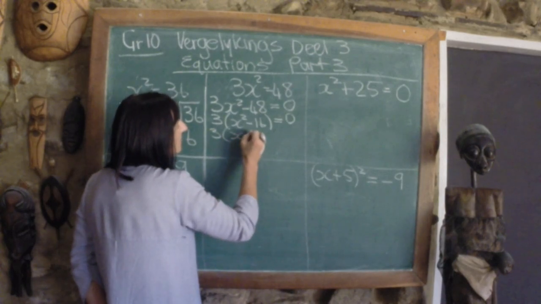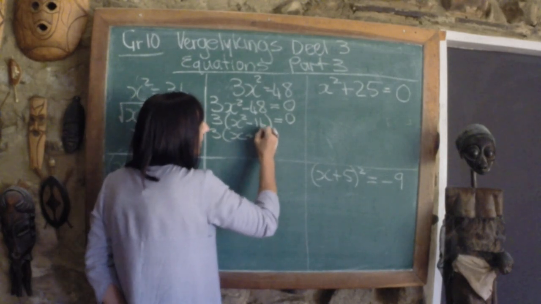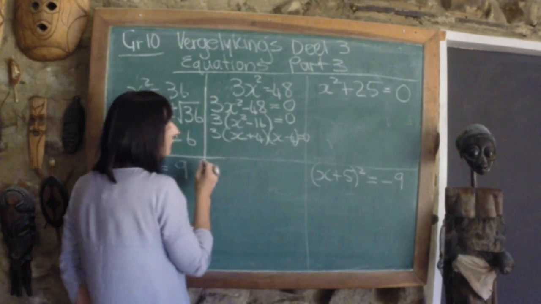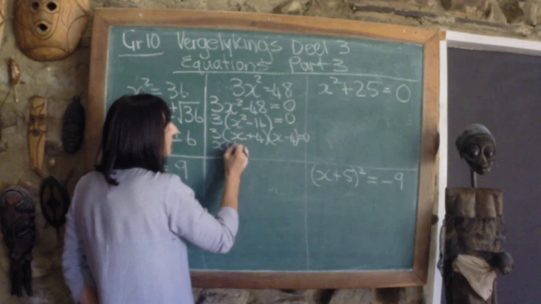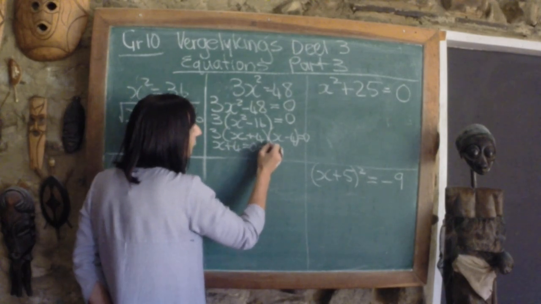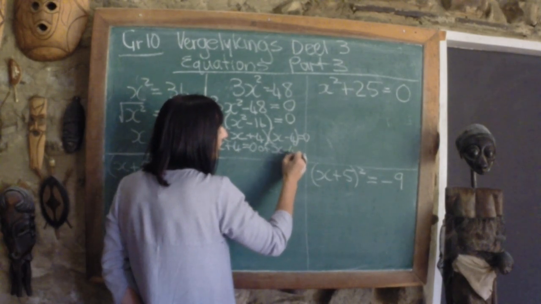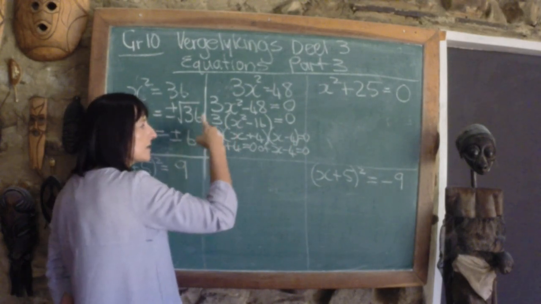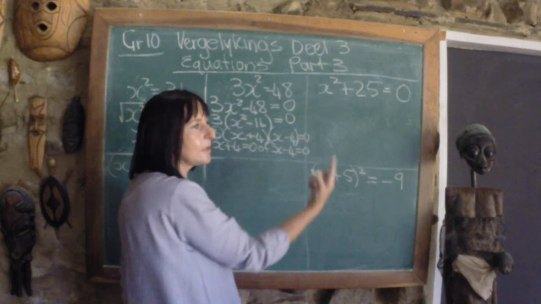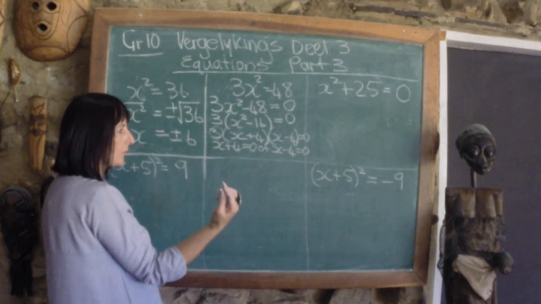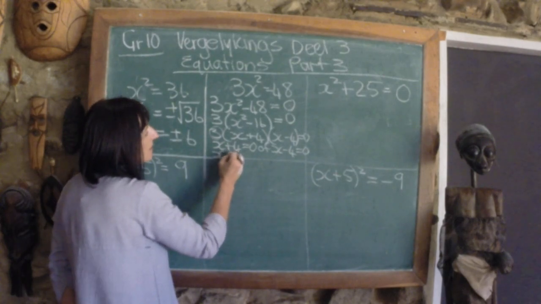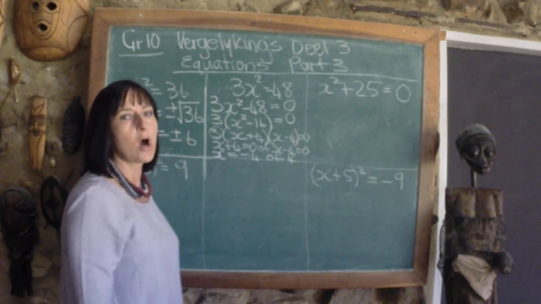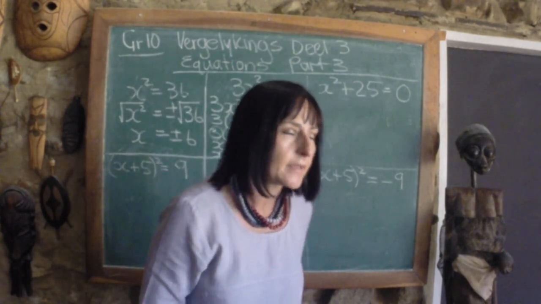Ek het 'n x plus 4, x min 4, en dan het ek weer my 0 faktorwet wat sê x plus 4 is 0, of x min 4 is 0. Onthou, ek kan die 3 laat verdwyn deur oor die is gelykant te vat, en ons het 0 gedeel deur 3 is 0, dis waar die 3 heen verdwyn. So in hierdie geval is x gelyk aan minus 4 of plus 4. That's the long way, the safest way.